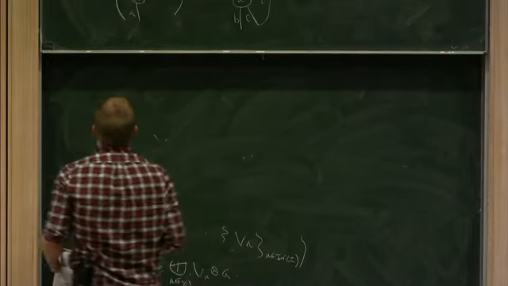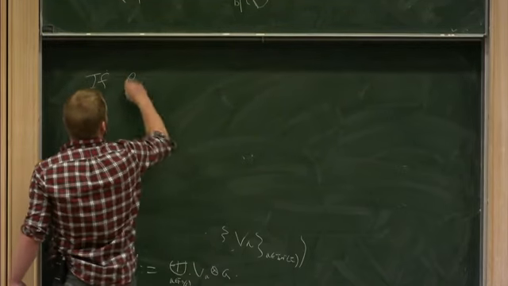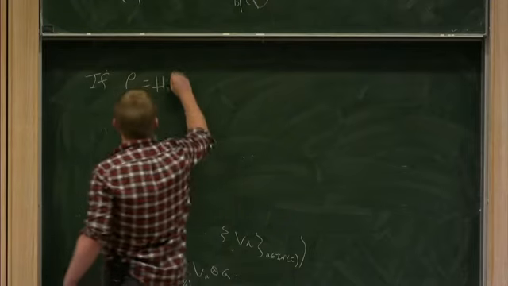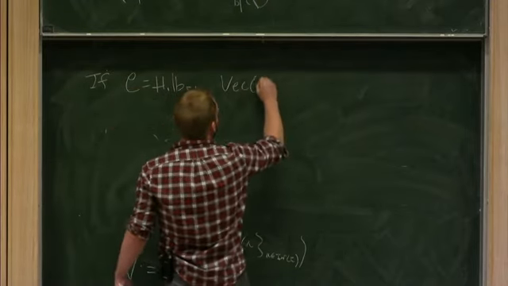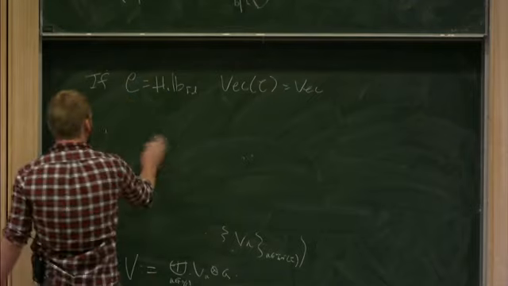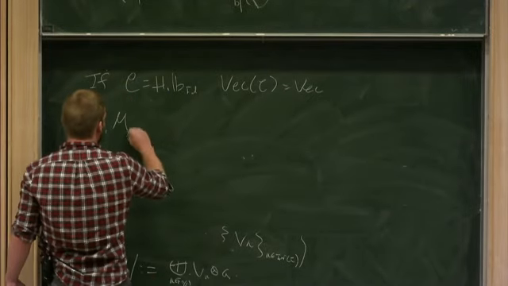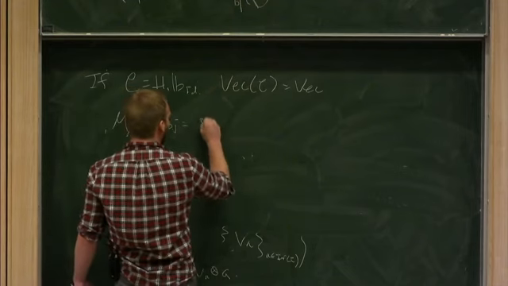So if C is Hilb FD, then we have Vect C is just vector spaces. And so that means that M sub A has objects equal to finite dimensional Hilbert spaces.